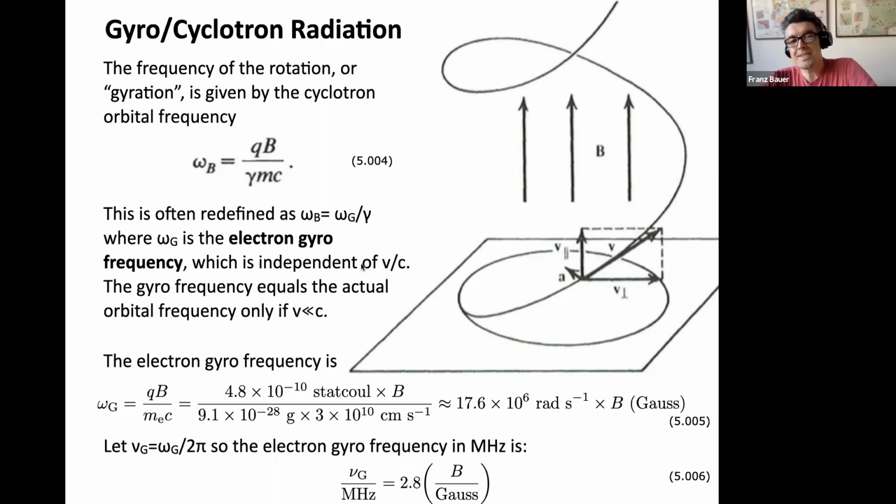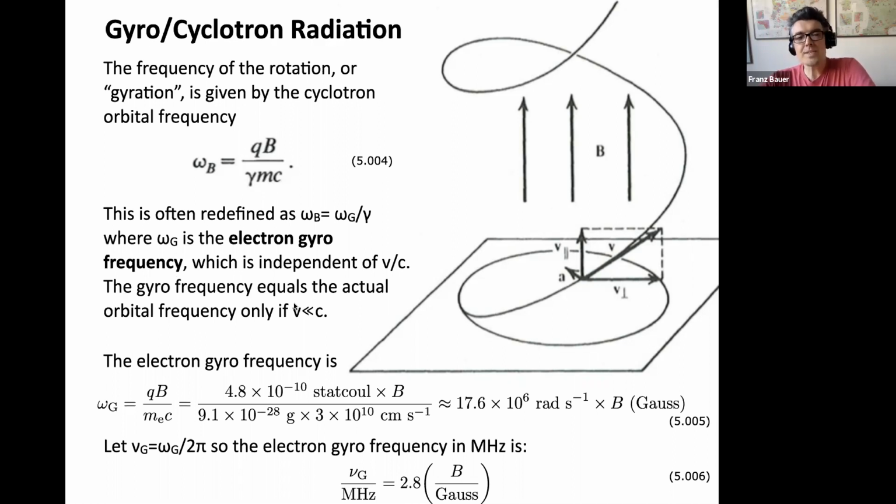The gyro frequency ends up being independent of velocity, so it's kind of an intrinsic property of the region. It just depends on the charge, which is more or less constant for an electron. It depends on the magnetic field, which isn't, but that's the only thing that it depends on. And then we have these two constants, so we can split these out.